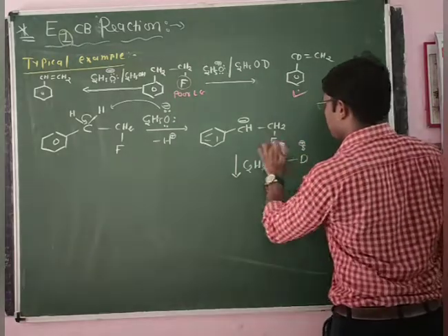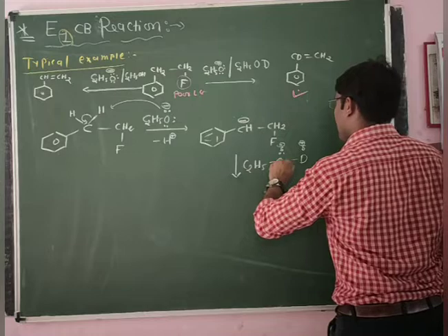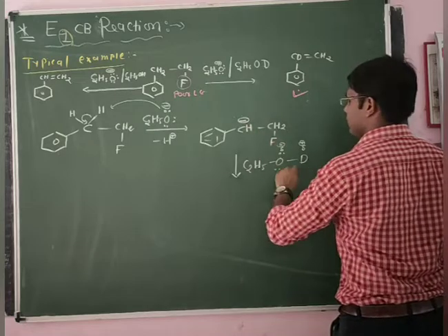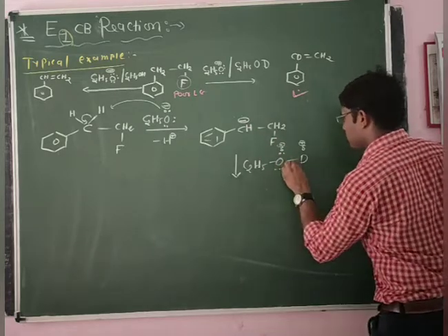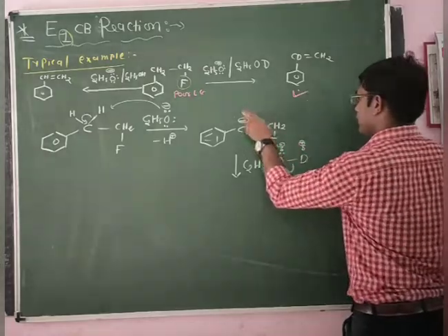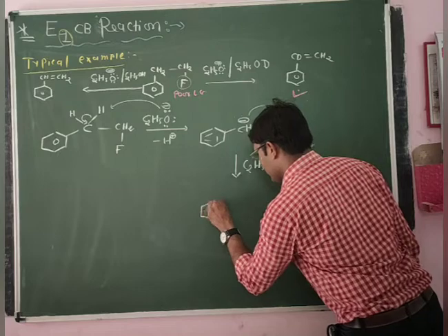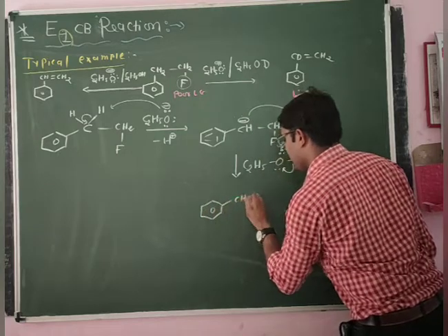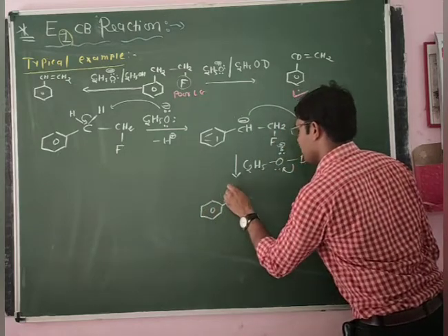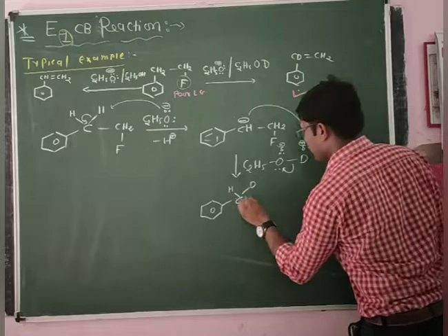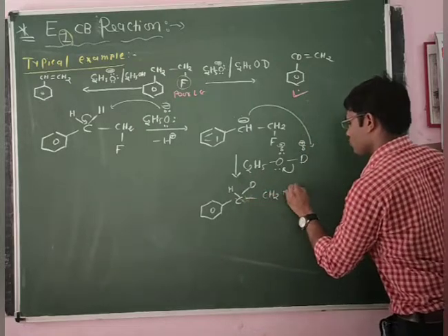So this partially positively charged deuterium exchanges with the carbanion. This bond is broken, and here this deuterium is attached to the carbanion. Means we have a CH, now D, and CH2F.